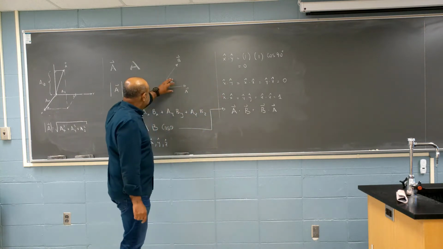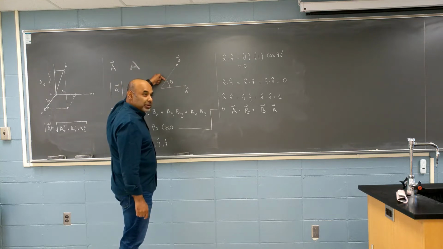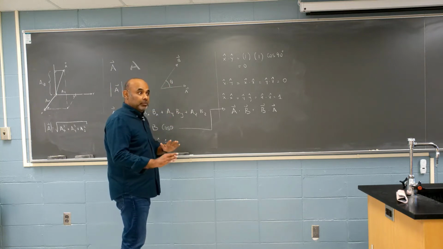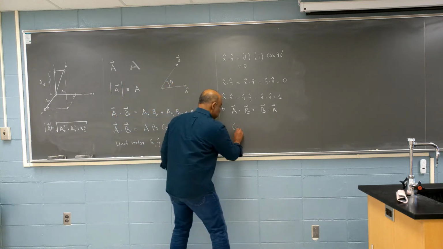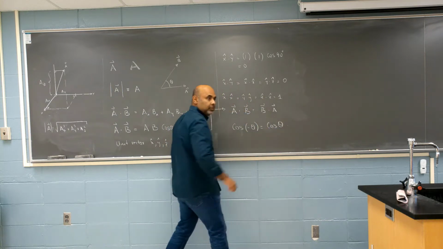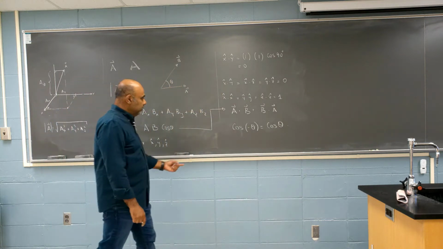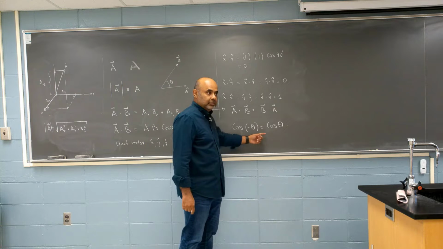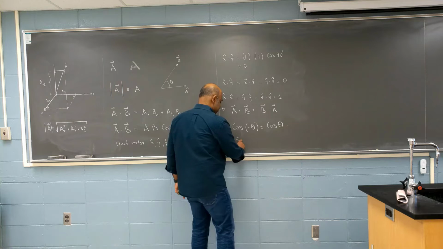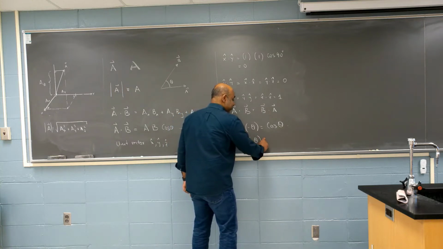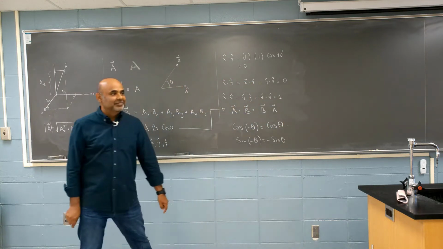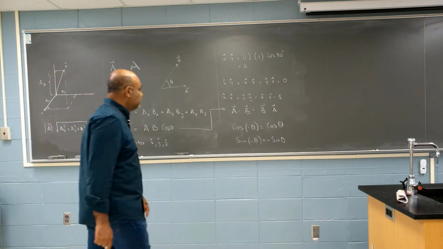You might say, well, if it is B dot A, do we have to measure the angle clockwise versus counterclockwise? You can. But if you did, there's no problem, because cosine, if you remember, satisfies this relationship. Cosine is said to be an even function, because when you put a negative, it just goes away. Sine, it's kind of odd. Yeah? Okay.